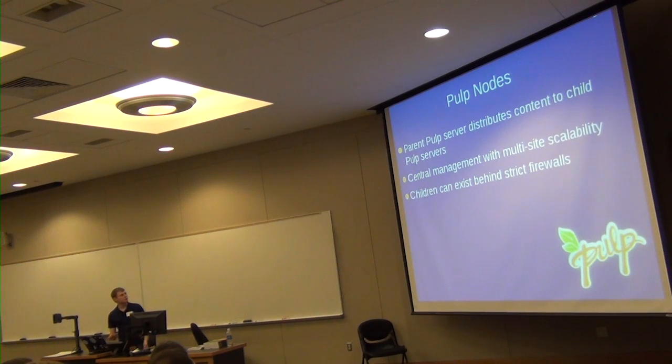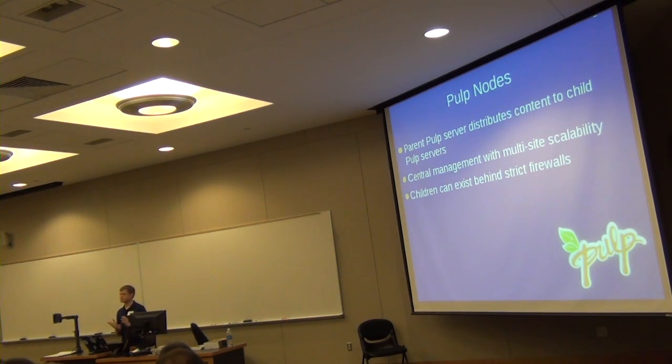Here we are. Pulp nodes. Pulp nodes is a relatively new feature. It basically allows you to have one Pulp server that is a parent Pulp server, if you go with me on that, and then multiple child Pulp servers that essentially mirror the content from the parent, but you can select which content you want to mirror per repository.